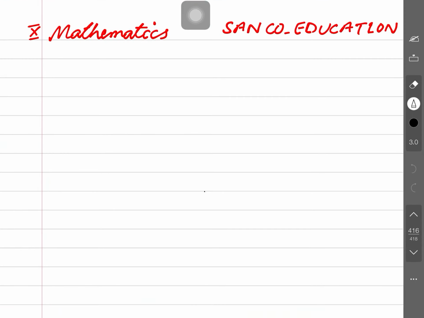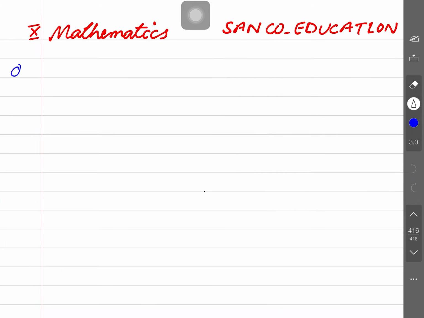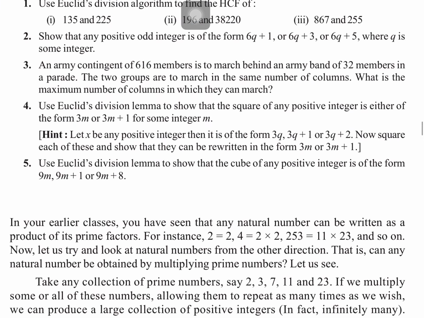So before starting the solution, what is the question? The square of any positive integer.